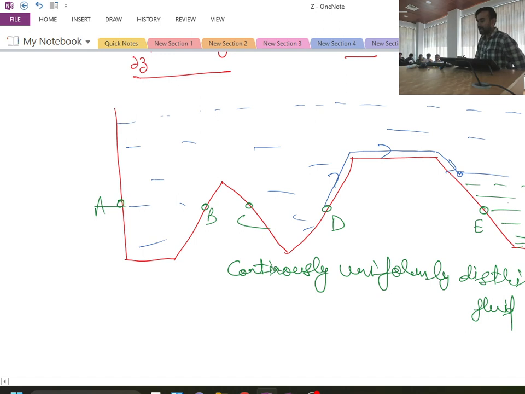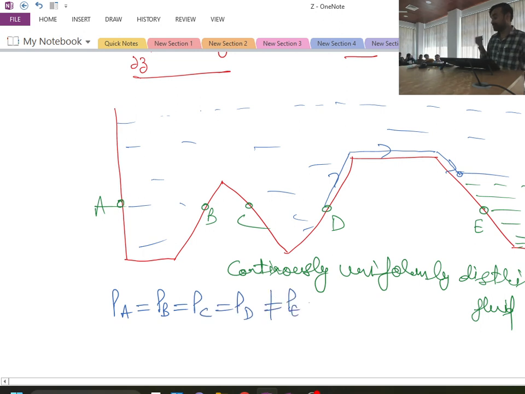After that we have some other fluid over here. So that is the reason that pressure at point E will be different from pressure at points A, B, C. I can write pressure at A equal to B equal to C equal to D, but it is not equal to pressure at point E.